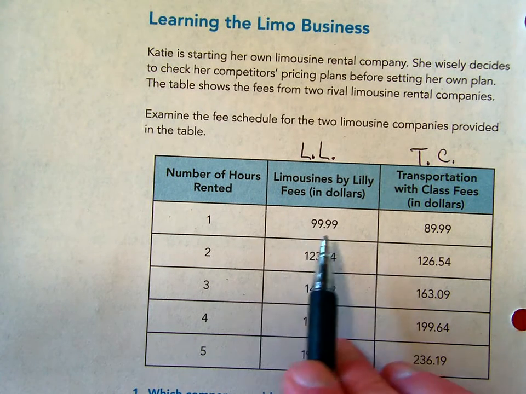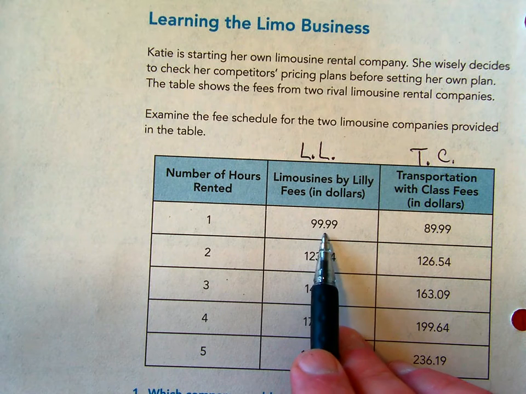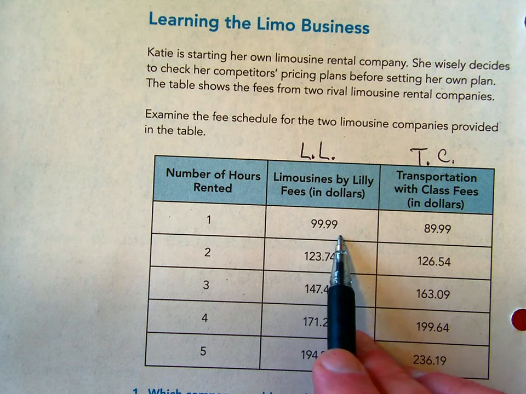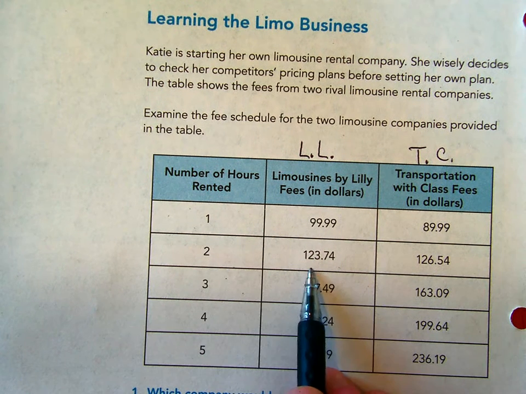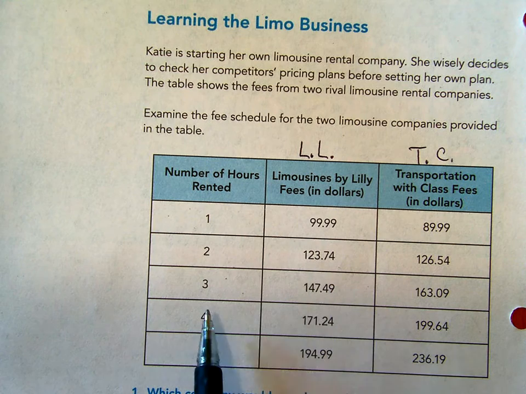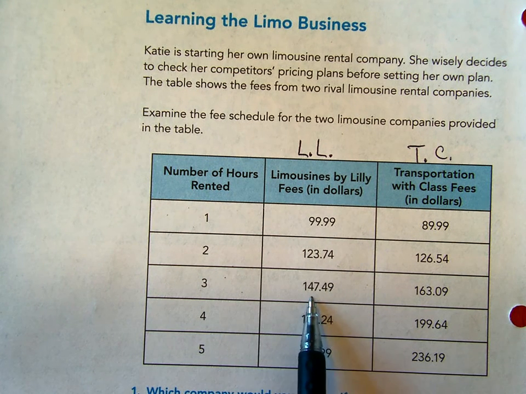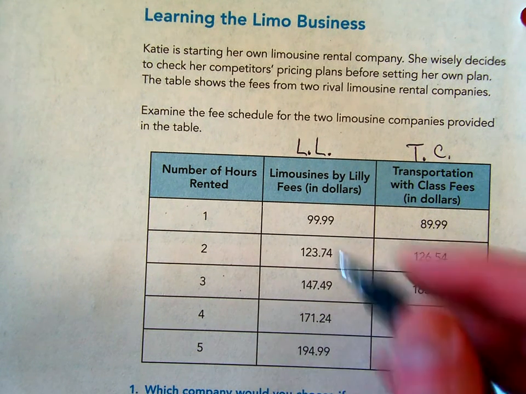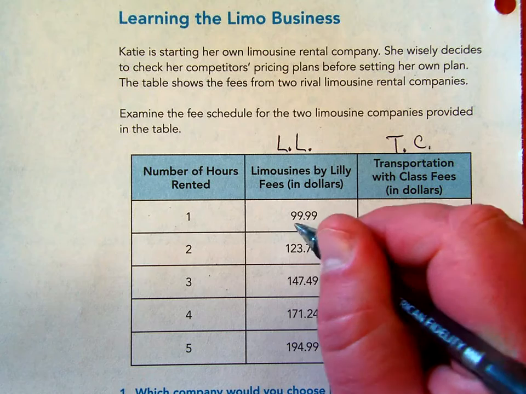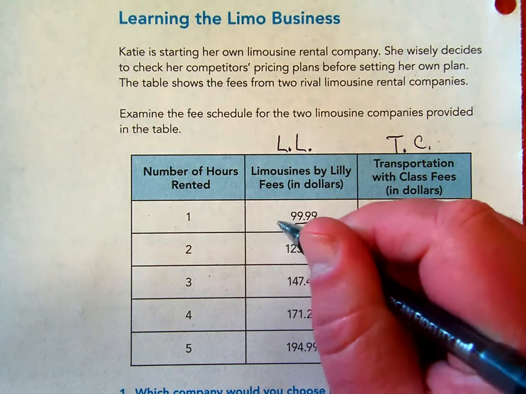The first hour costs $99.99, and then the next hour is $123.74. The next is $147.49. 4 hours, $171.24. So obviously it's more expensive for the first hour, but then it's going up by a rate.